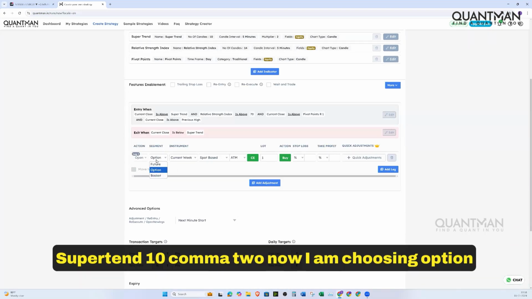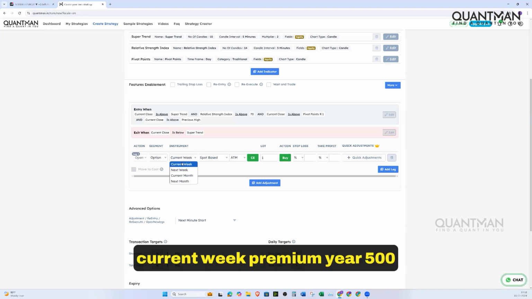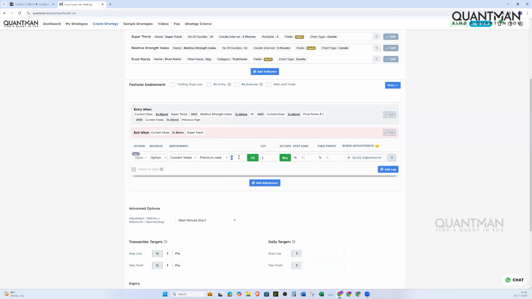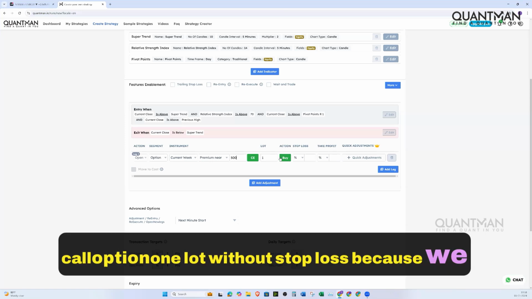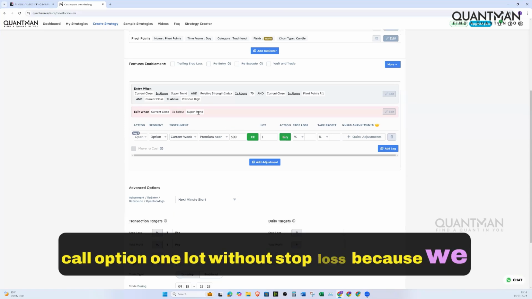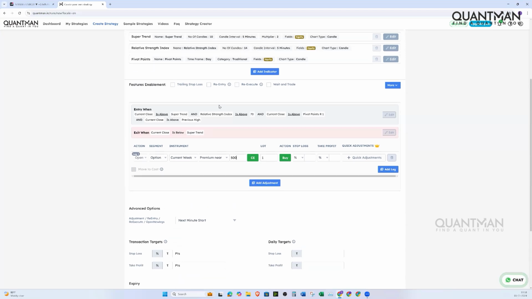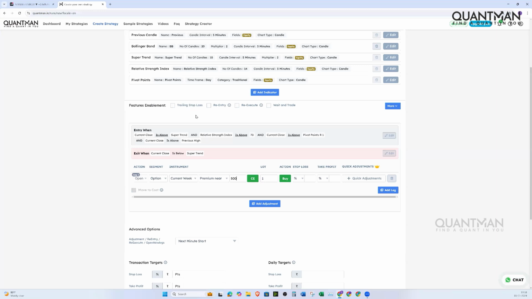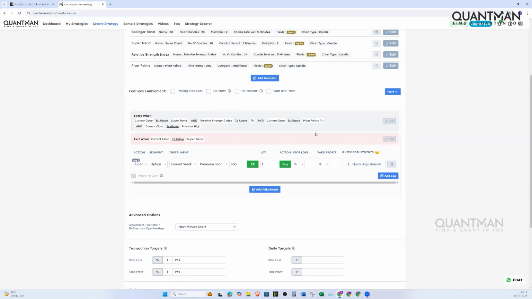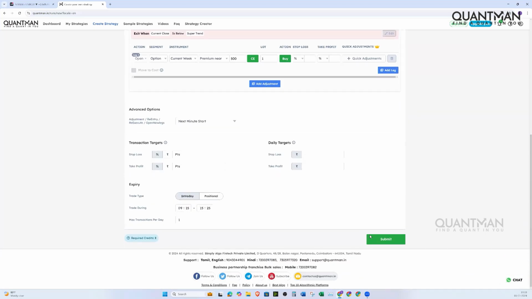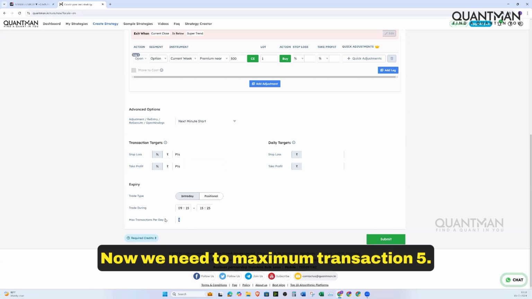Now I am choosing option current week, premium near 500, call option, one lot, without stop loss, because we are using super trend as a stop loss. Now maximum transactions 5.